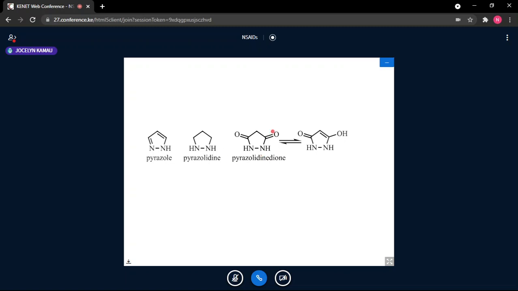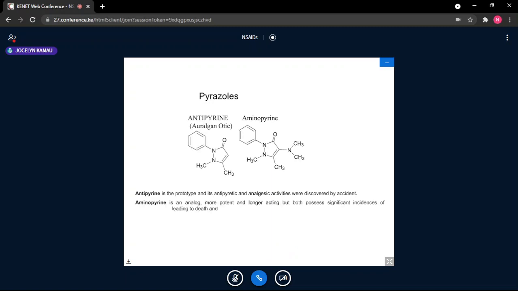And this is the basis of the non-steroidal activity of these drugs. The fact that they can undergo keto-enol tautomerism means they can exhibit acidity. Again, they will have an anionic charge. That anionic charge is necessary for these drugs to bind the receptor, which is cationic within the COX enzyme.